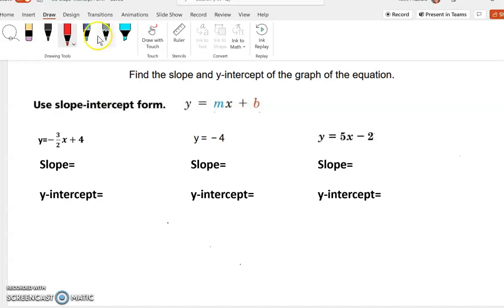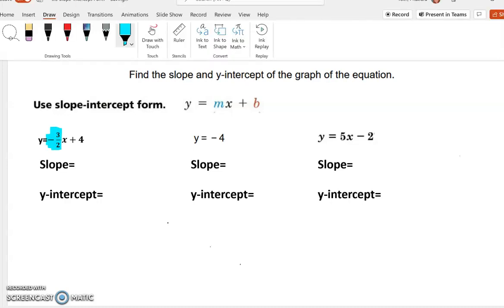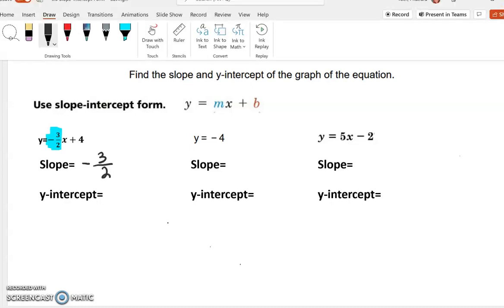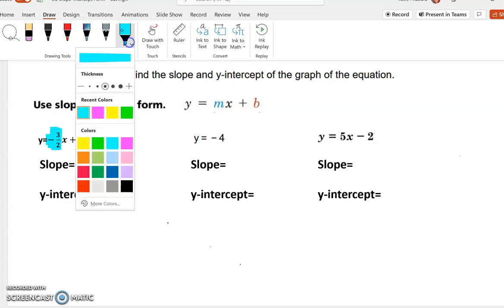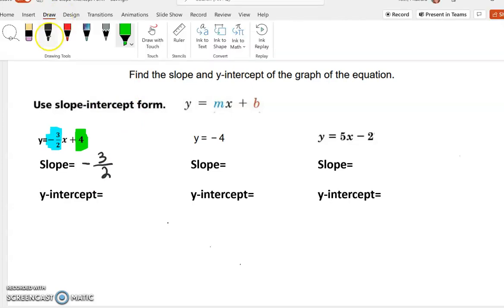So here's your variable x, and negative 3 over 2 is going to be your slope. So we're going to write that down, negative 3 over 2. Your y-intercept is always going to be b. So we're going to write down 4 as our y-intercept.